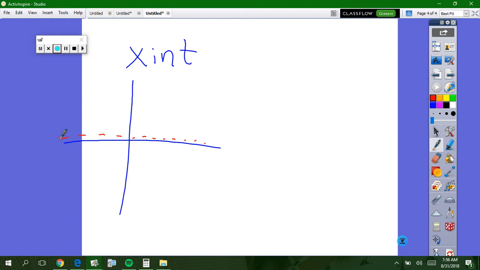Y is 0. That's very important, right? For an x-intercept, we always know that y is 0. Okay, so we have a point where it could be whatever, we don't know, comma, but it's always going to be 0, isn't it? That makes sense for an x-intercept?